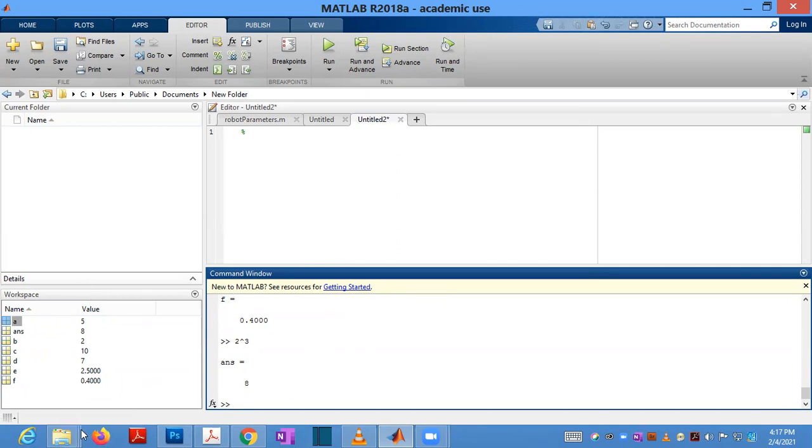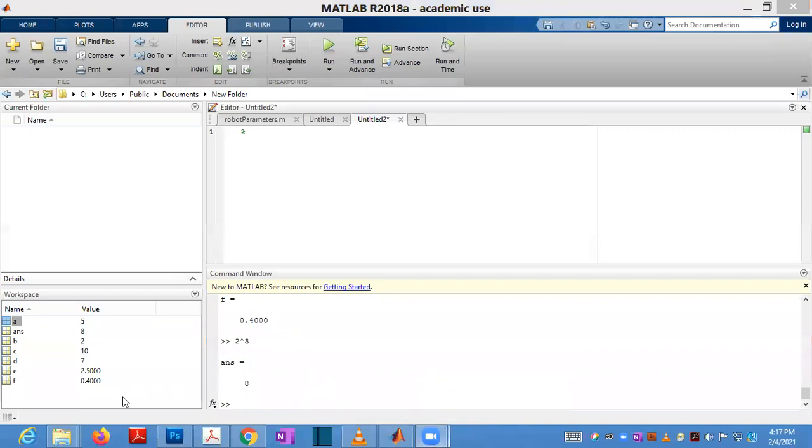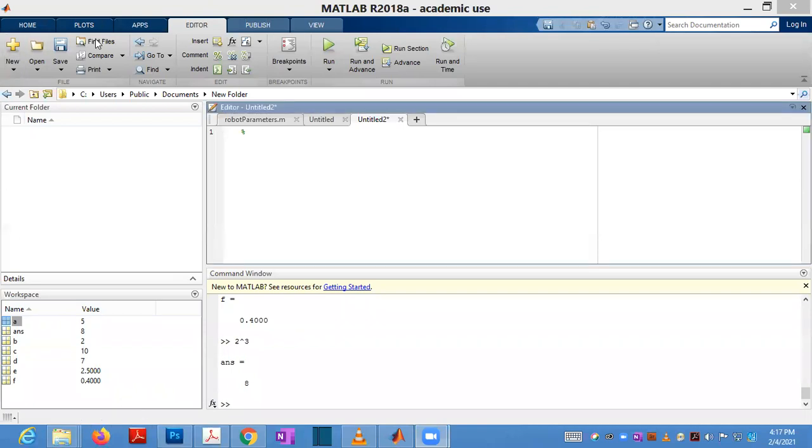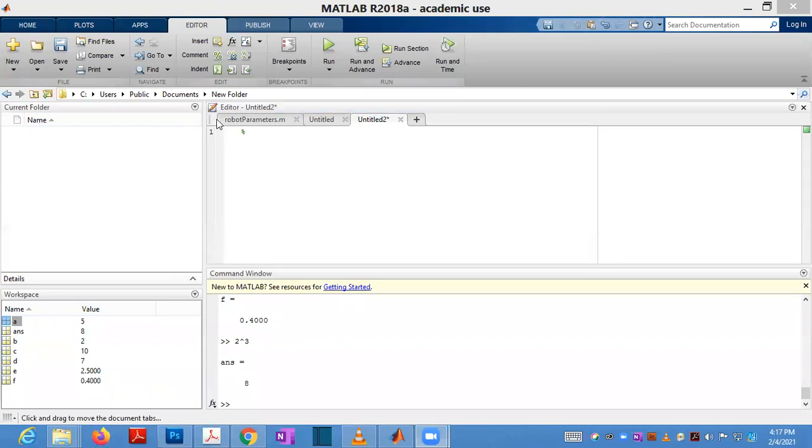Okay, fine. So others can please install MATLAB as quickly as possible.